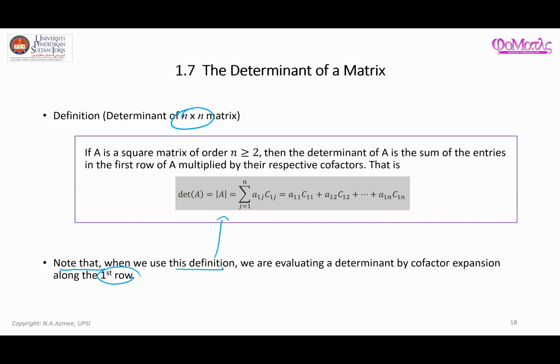Let's say A here is a square matrix where n is greater than or equal to 2. Then the determinant of A is the sum of the entries. Sum means you are going to add up entries in the first row of matrix A multiplied by the respective cofactors.